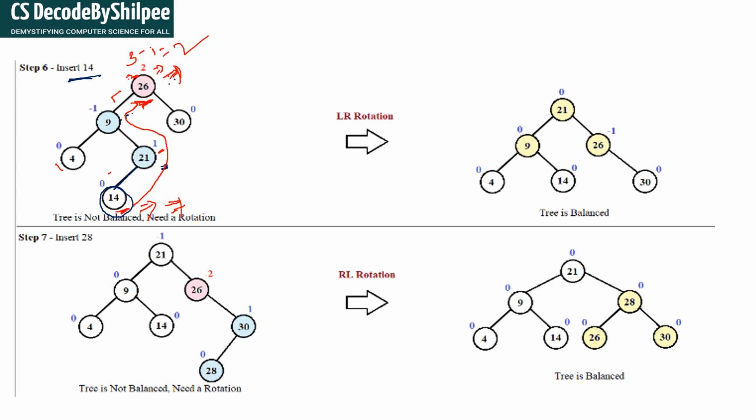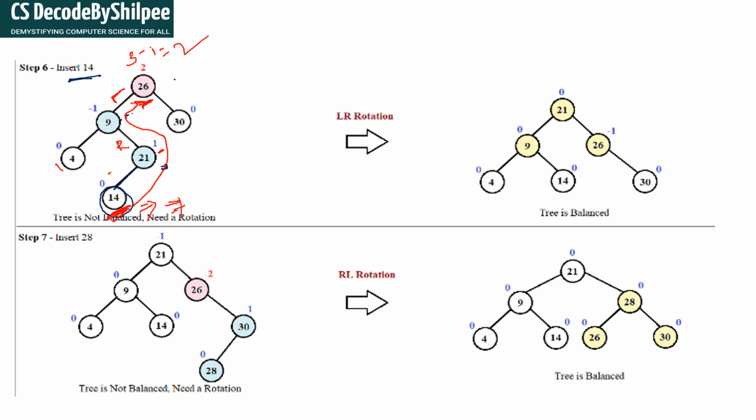Wherever the last node you have inserted, from that direction you go. Your last inserted node is 14, because of which your tree is violating the AVL tree property. So from that direction you go. This is the left and this is the right.